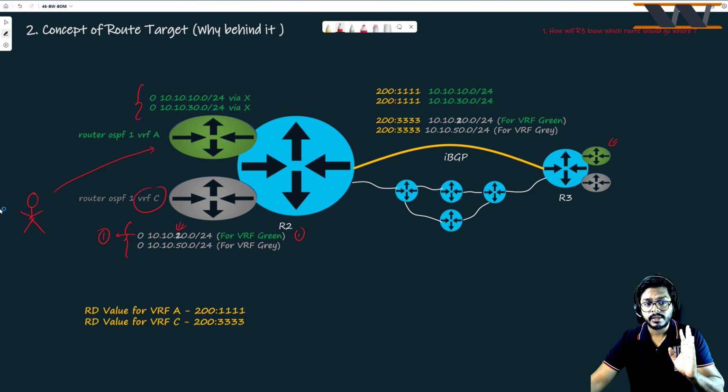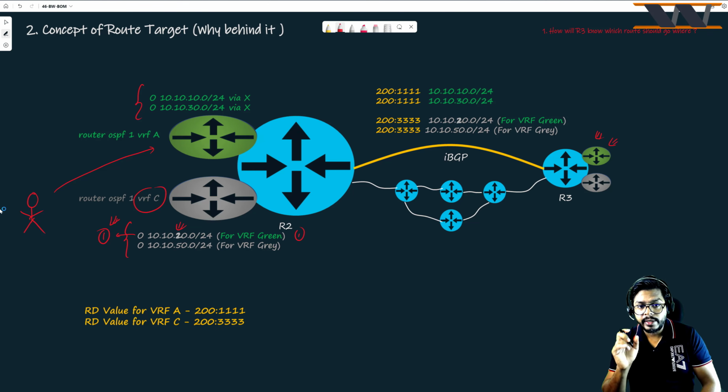This is very, very interesting, guys. Mr. Prashant Patil is now putting a restriction that you cannot advertise whatever you want on the basis of RD. He's saying that VRF-C's first route should go into the green VRF here, although it is a part of VRF-C, but at the destination I want this route to go into the green VRF.